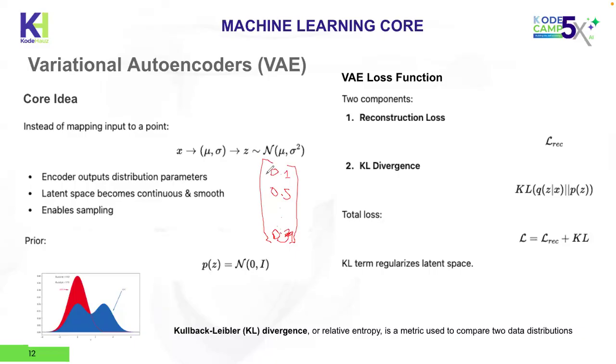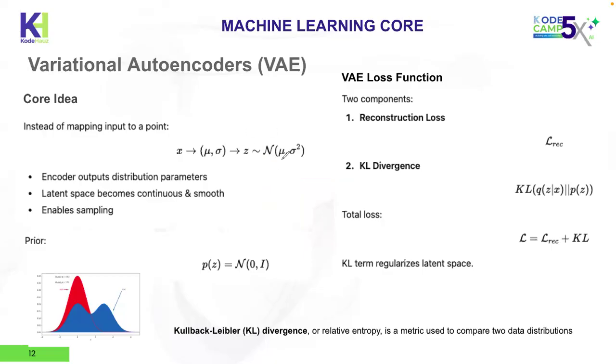With a variational autoencoder, you are now outputting a distribution. So it's not a single number here, but a distribution, which is a list of numbers. That results in a latent space that is more continuous and smooth, so it enables better sampling.